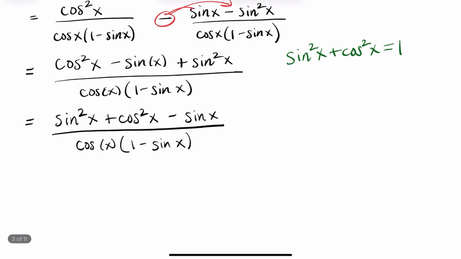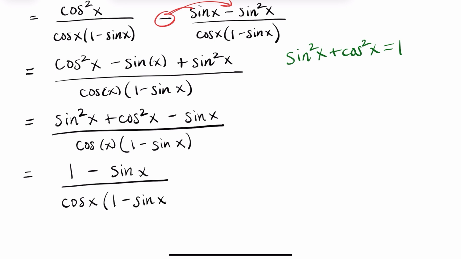All right, so now I can replace this entire expression with the Pythagorean identity. This is just going to be 1. So this is going to be 1 minus sine of x, all over my LCD.